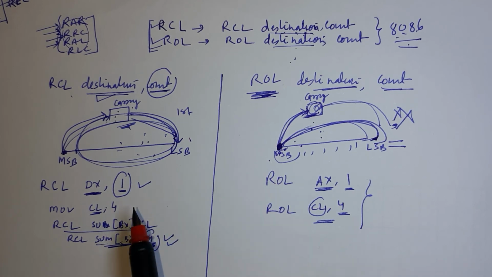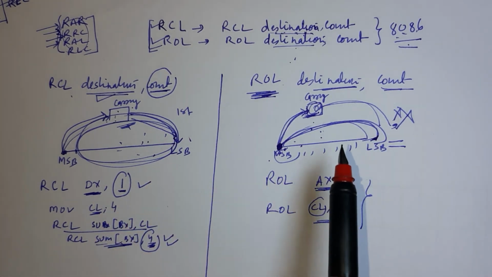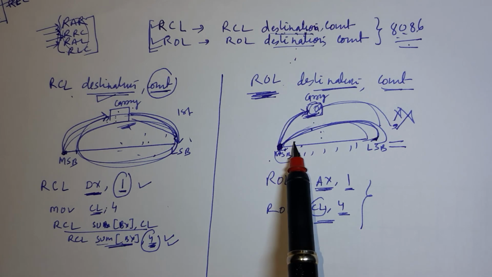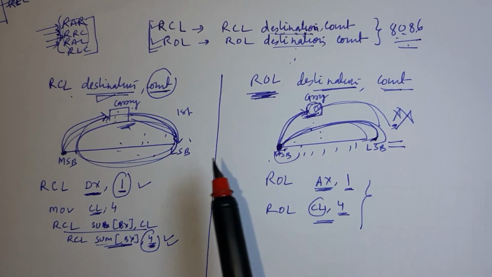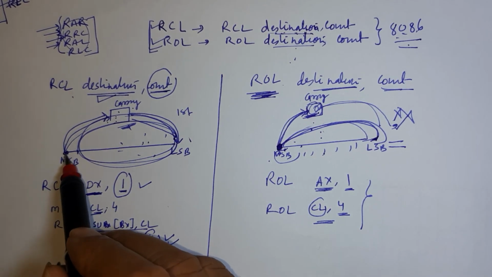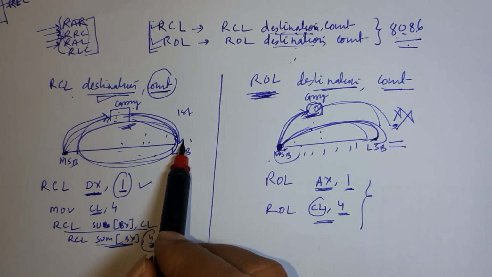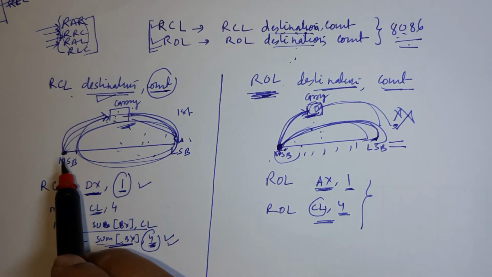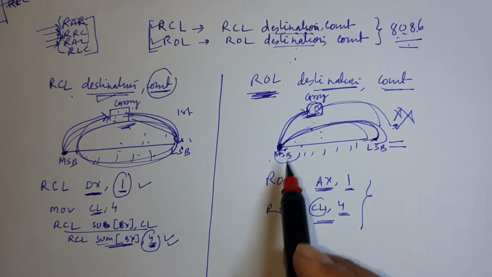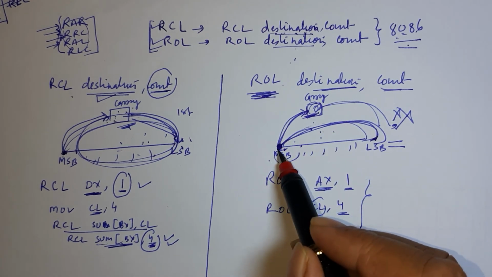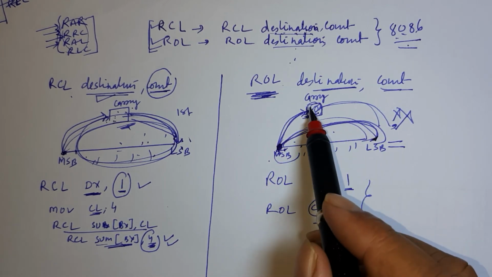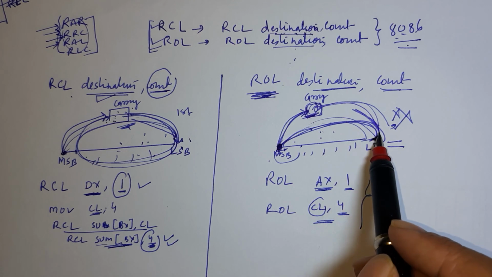So this is basically RCL and ROL in the 8086 microprocessor, and I hope you easily understand by seeing this picture how they work. In case of RCL, the value of MSB moves into carry, and the value of carry moves into LSB. The second time again the value of MSB moves into carry, and every bit shifts 1 bit left. But in case of ROL, the value of MSB moves into carry and the value of MSB also moves to LSB, so the value of carry is not rotated.